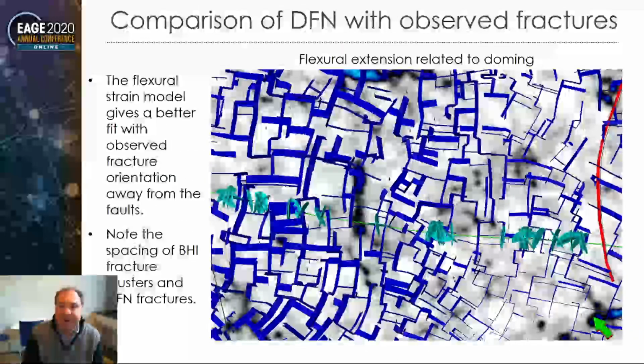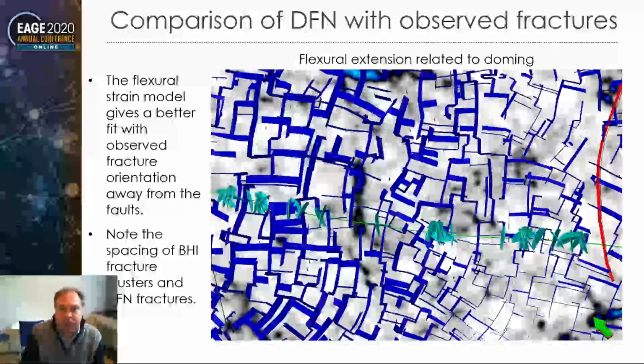If we zoom in a bit closer up around one of the wells, we can see quite a good match between the modelled fracture network shown in dark blue and the observed resistive fractures on the borehole images shown by these light blue discs. We see quite a good correlation both in orientation and in the spacing between these fractures.